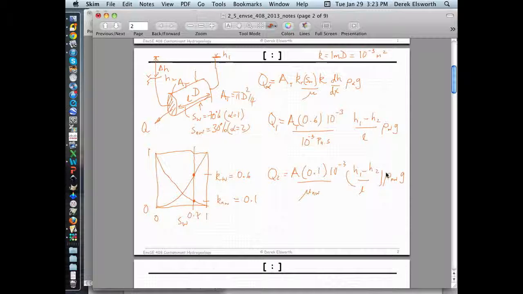I say this isn't completely right because we've chosen to use heads instead of capillary pressures. And there's a problem when you use capillary pressures, a philosophical problem, right? We know that capillary pressure by definition is equal to the non-wetting fluid minus the wetting fluid, and is equal to what we've said is the head difference multiplied by the unit weight of a fluid, or the capillary difference.